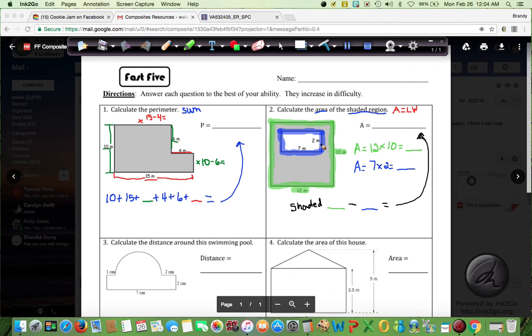Here, since we're taking a piece out, and they call it shaded region, to just get the shaded part, you gotta subtract. So find the area of the 12 by 10 rectangle and the area of the 7 by 2 and subtract them. Okay? Alright, I'm going to clear this out and we're going to move on.